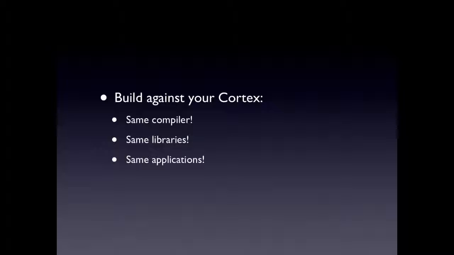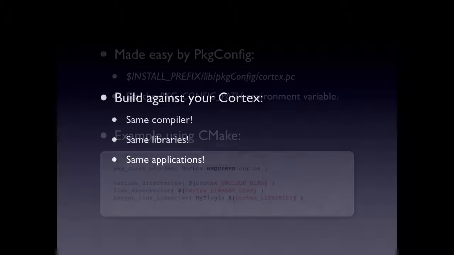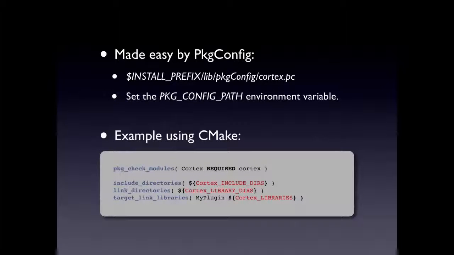For building against Cortex, you have to use the same compiler, same libraries, and the same application that you want to go for. We then added package config support to Cortex, so that if you build with CMake, you can simply check for the modules and then use the Cortex include dirs, library dirs, and the Cortex libraries.